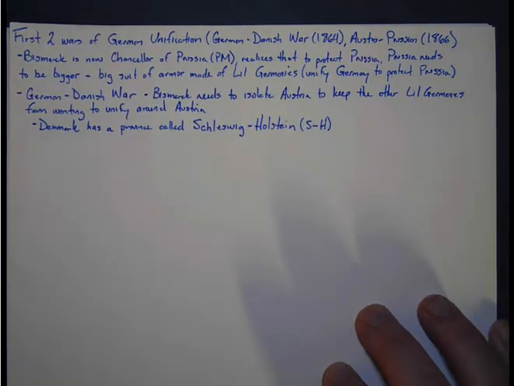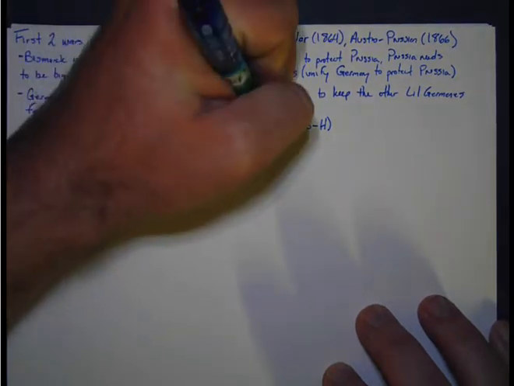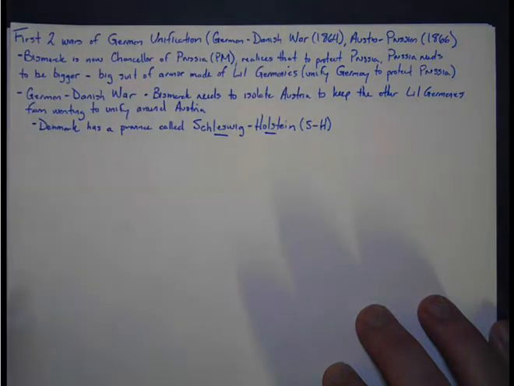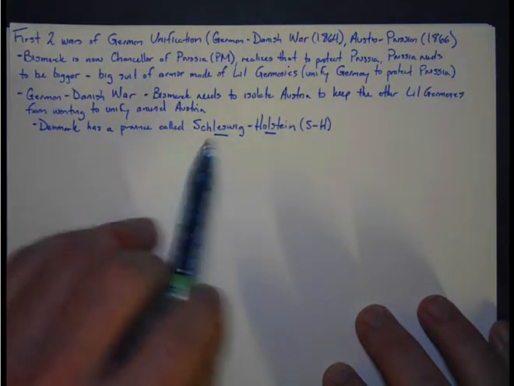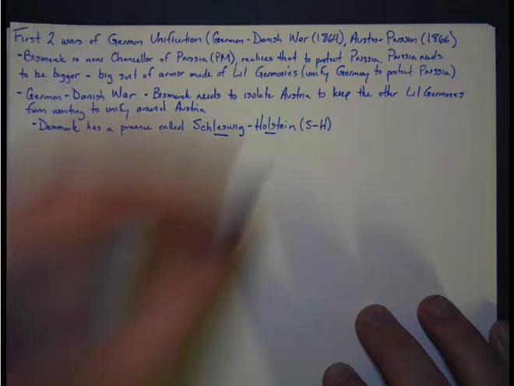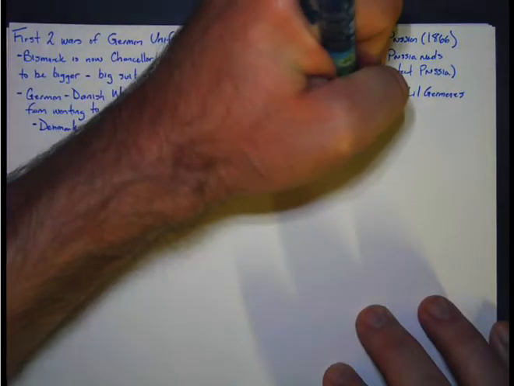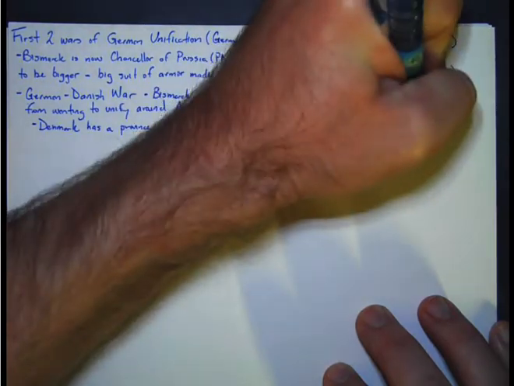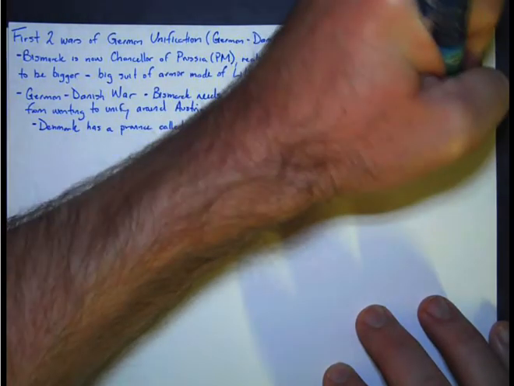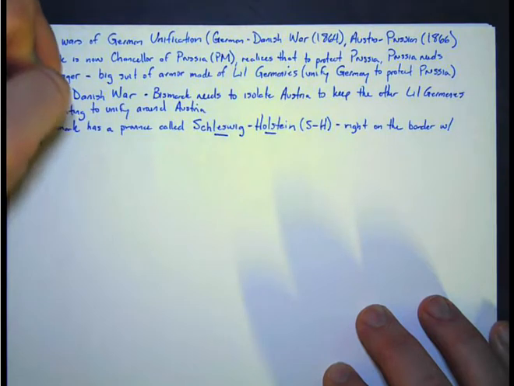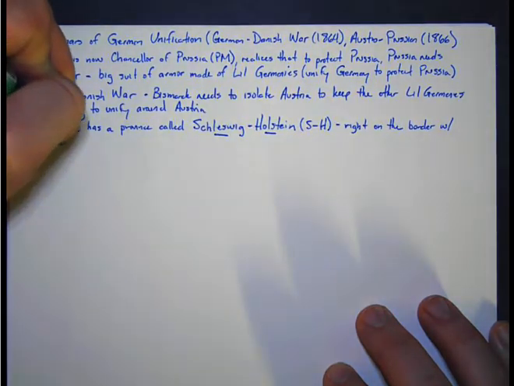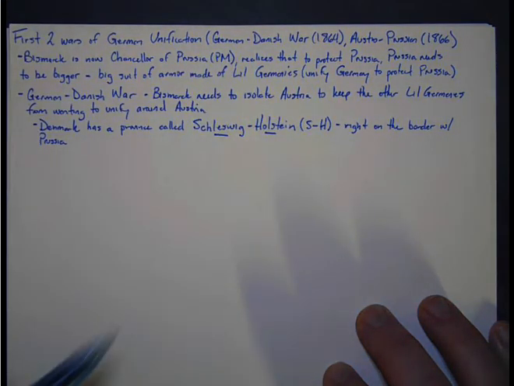Now, this is actually a province that's in two pieces. There's a piece called Schleswig and a piece called Holstein. And this is right on the border with Prussia. So Denmark and Prussia share a border, and Schleswig-Holstein is right on the border with Prussia.